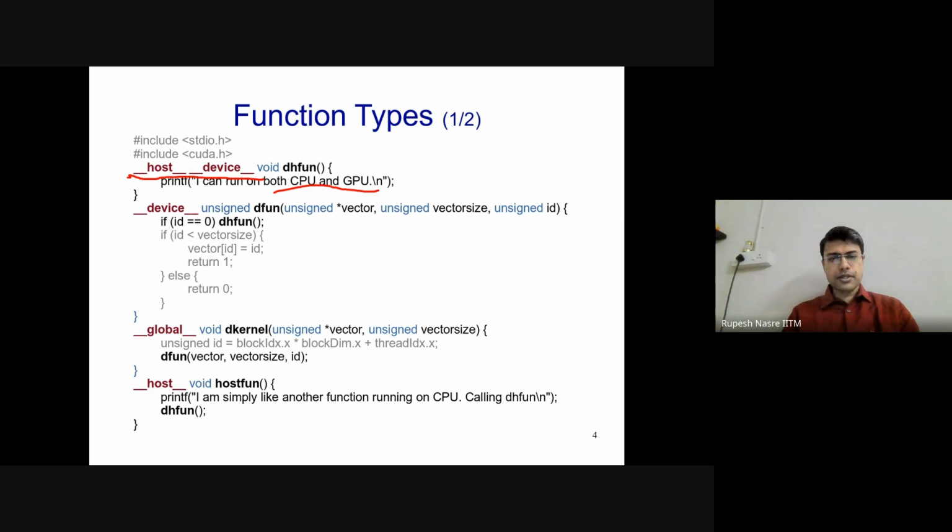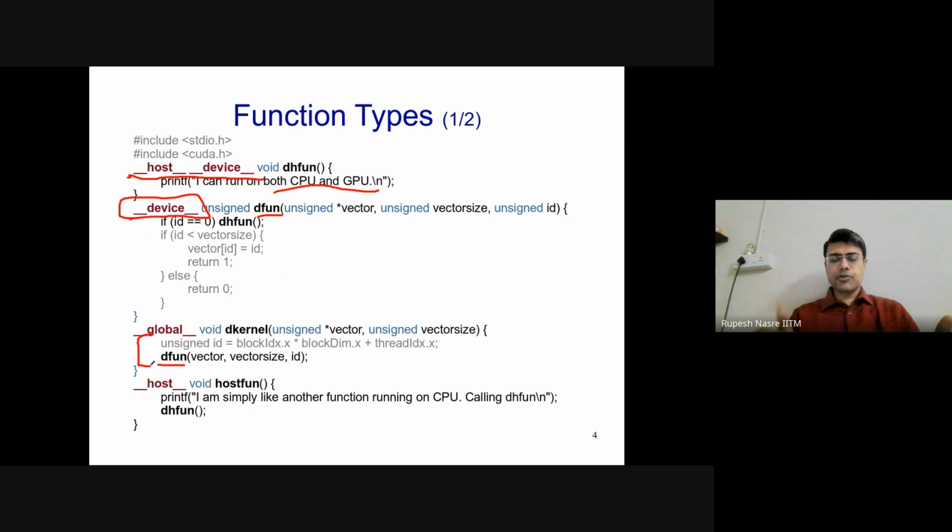As an example, let's talk about device first. There is a device function, dfun, that takes some parameters. The syntax is quite similar to a kernel, except for this __device__. But when I call it from a kernel, I don't need to specify any launch configuration, because this particular kernel is already parallel.